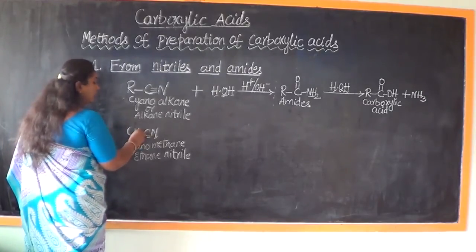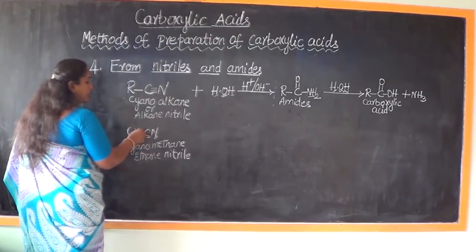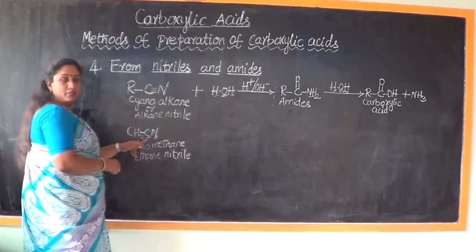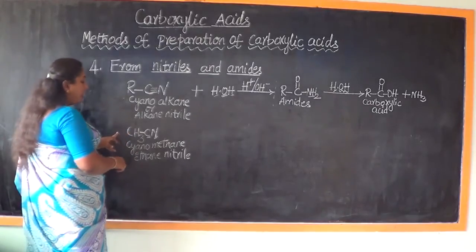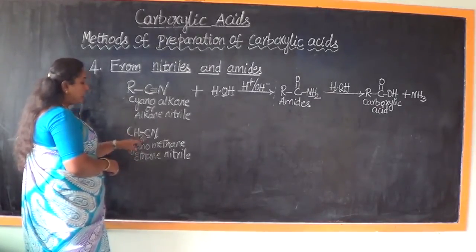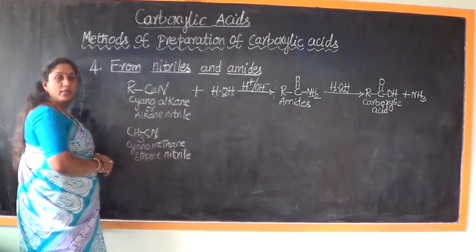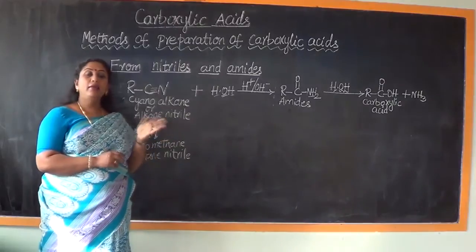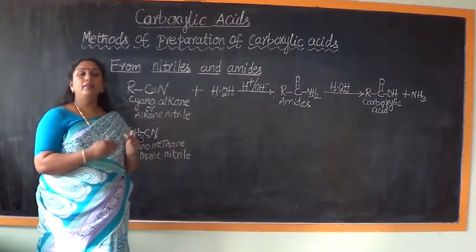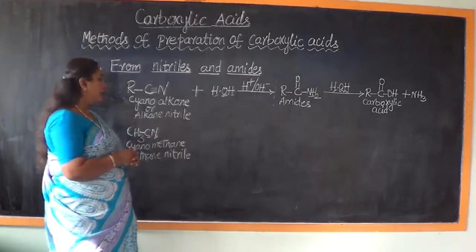So you need to write the carbon of the cyano group as the one belonging to the parent carbon itself and then fix the root word and it is saturated. So I have written it as ethane nitride. So cyanoalkane and alkane nitride differ by one carbon atom.